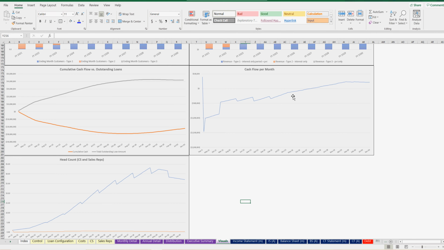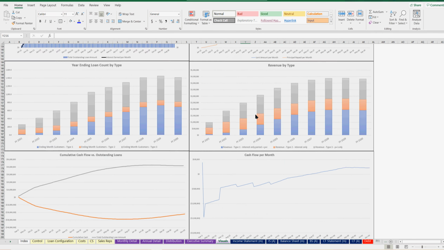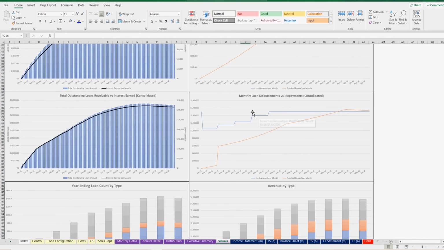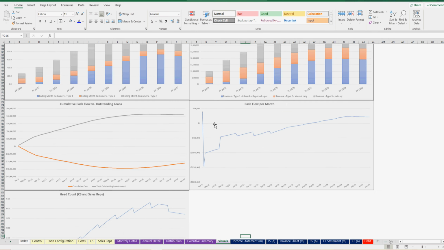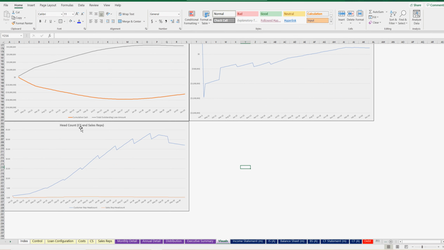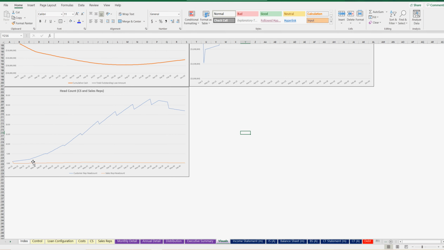The monthly cash flow is again the accumulation of the loan lending activity against operating activity, and this is the net effect of that happening. And then you've got headcount of customer service and sales reps, which is just based on loan counts over time and loans added per month against whatever you define the ratios as.